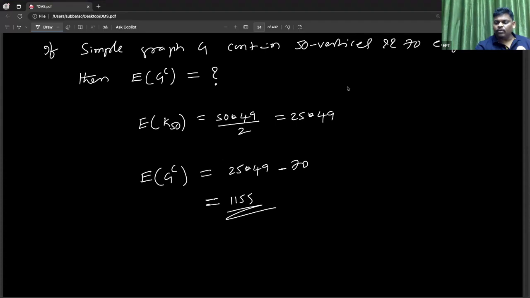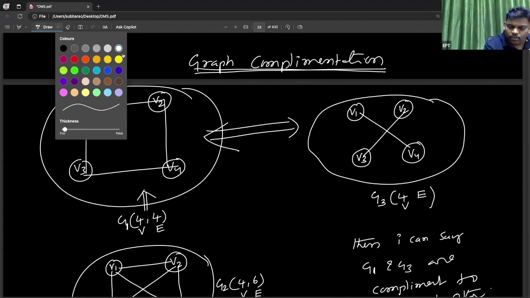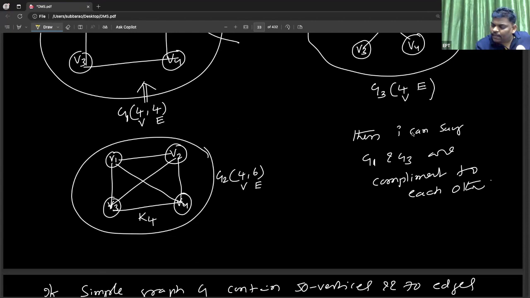And one more thing, I will go back and write it once. G1, G2 are complement to each other. What is the meaning? Assume edge E1 belongs to G1. Then edge E1 does not belong to G3.